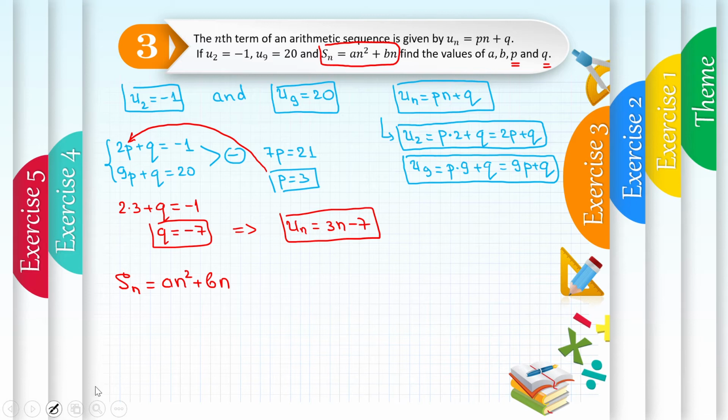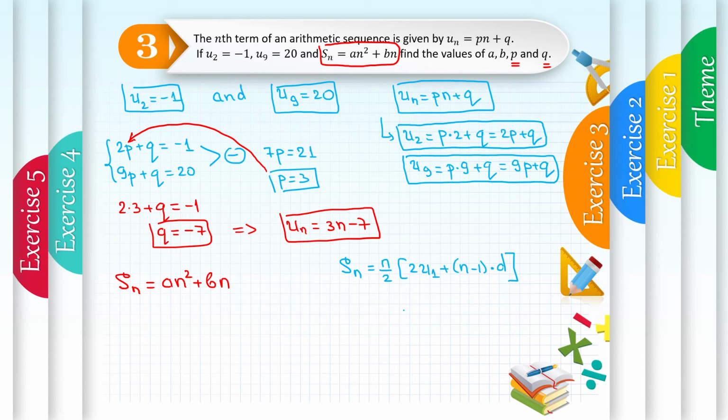From the theory of arithmetic sequences, we know that the sum of the n terms of an arithmetic sequence is equal to n over 2 multiplied by (2 u sub 1 plus (n minus 1) multiplied by d).